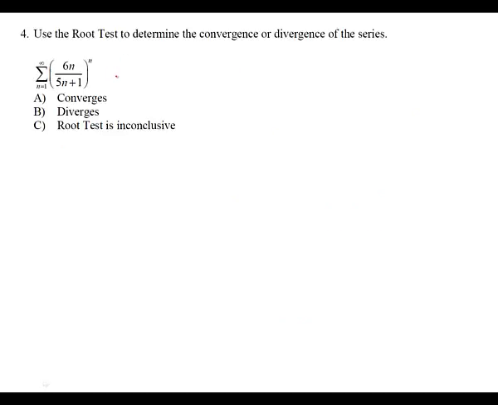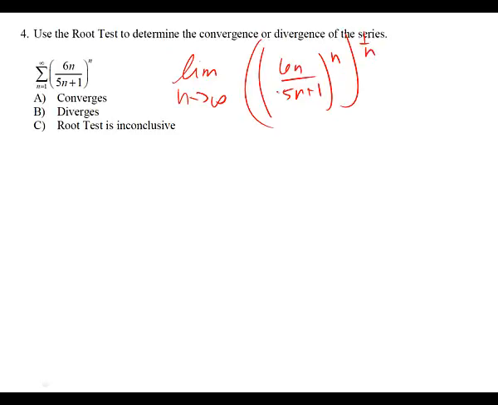So for the root test, remember we have to do the nth root of it, or we just were raising it to the 1 over n power, right? And you have to look at the limit, just like we do on the ratio test, of the 6n over 5n plus 1 to the n, to the 1 over n power, or to the nth root of it, your choice. What happens with these? They cancel, right?